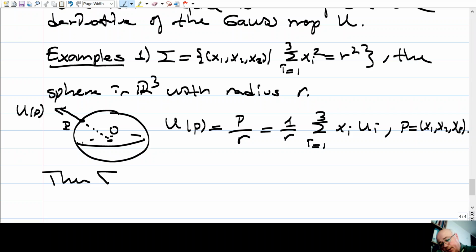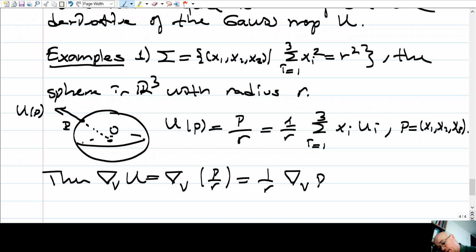Then what is the covariant derivative of this vector field along any vector? I just write u, which is P over r. Let me do it step by step. P over r, r is constant, so it goes out.